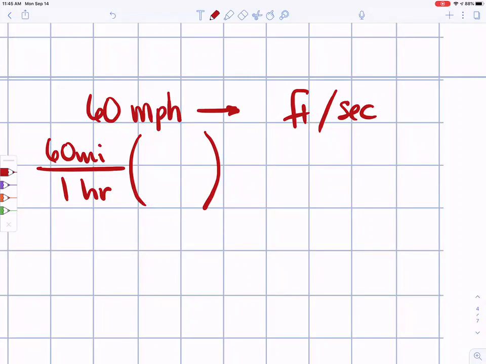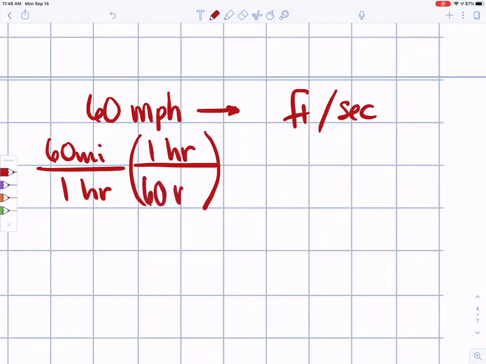What was the goal? What label do you want to go away? The miles and the hours, and what label do you want remaining? The feet and the seconds. So if I'm dealing with time, what was I going to multiply by? 1 hour over 60 minutes.